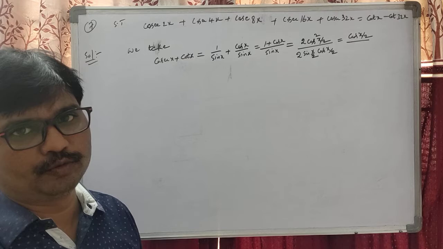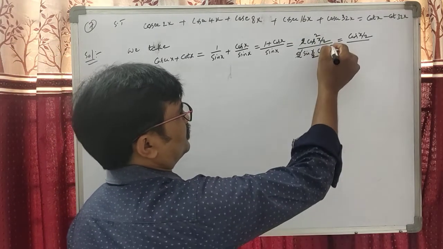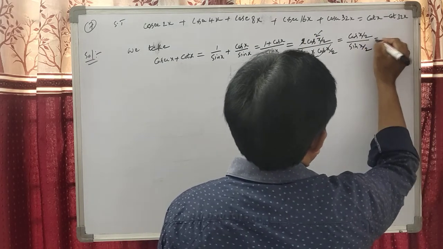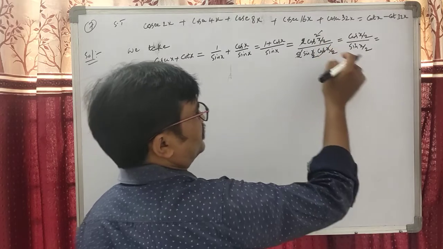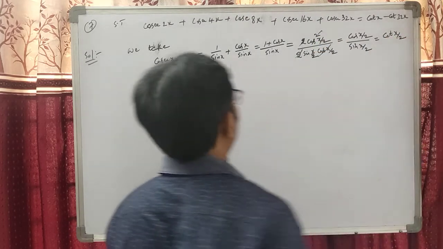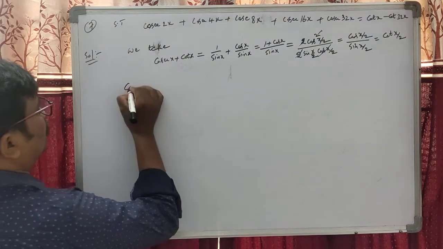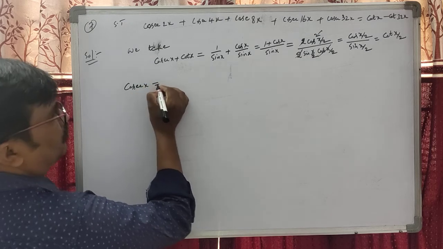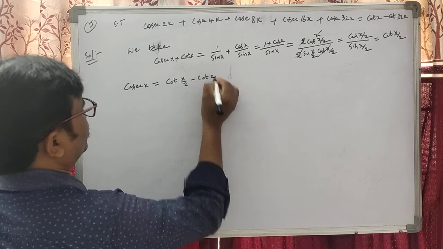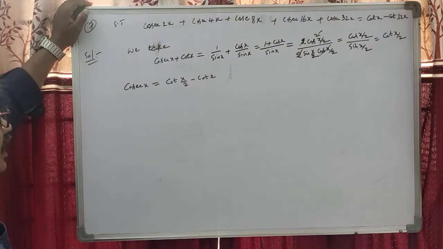Therefore, the 2 cancels, cos x by 2 also cancels, and the remaining cos by sin is cot of x by 2. So how can you write this: cosecant of x equal to cot of x by 2 minus cot x.